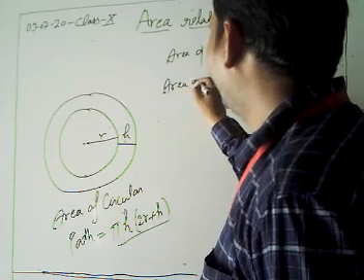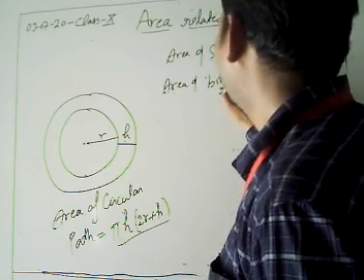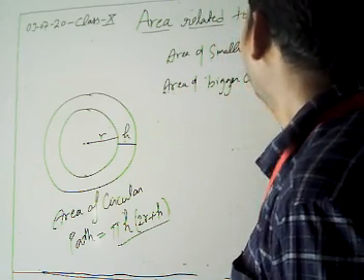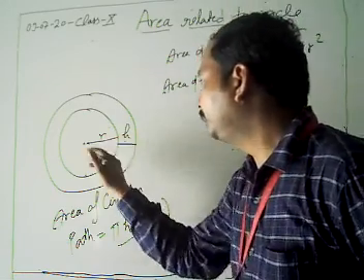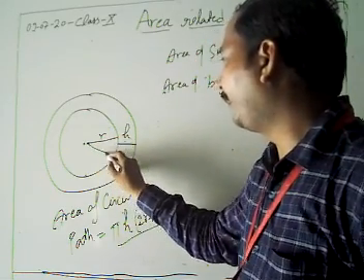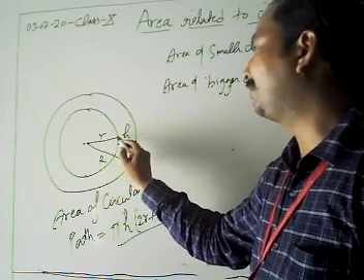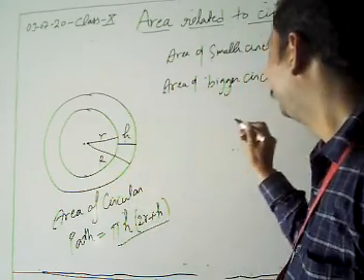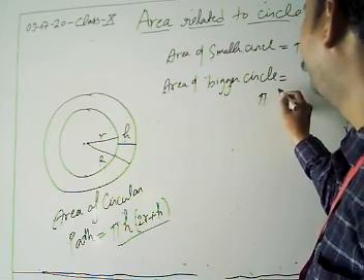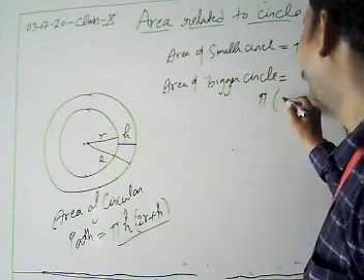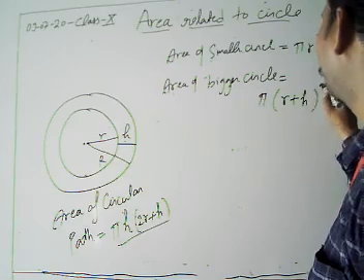And what about the area of the bigger circle? To get it, we have to find the outer radius, which is the small r plus the width h. Then the area is pi times (r plus h) whole square.